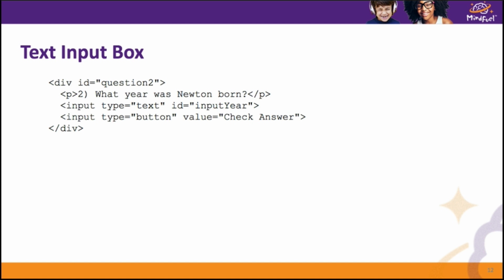Looking ahead a bit, I know JavaScript will need exact details, so I have given the text box a name, input year, so I can tell JavaScript where to find the user's answer. I could call it just about anything, but I want to remind myself that this is the input from the user, and I'm expecting them to enter a year.